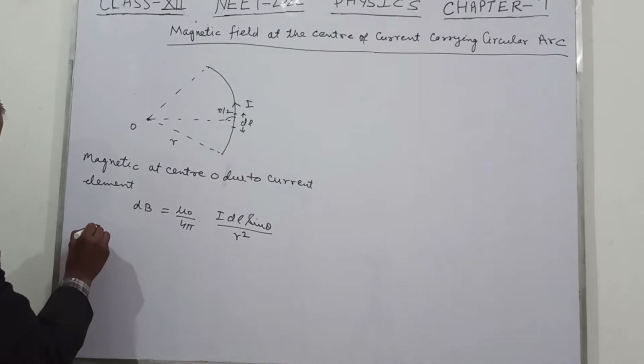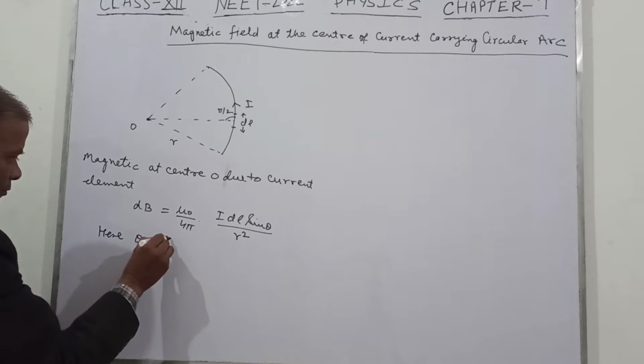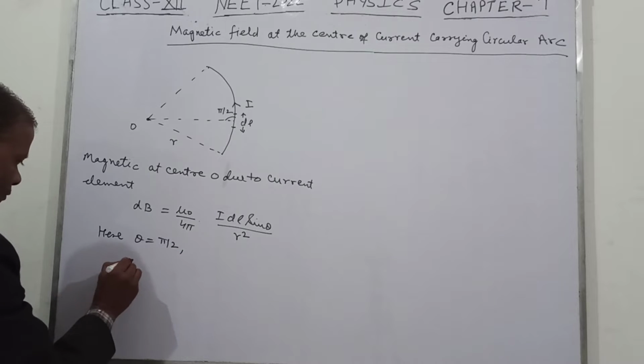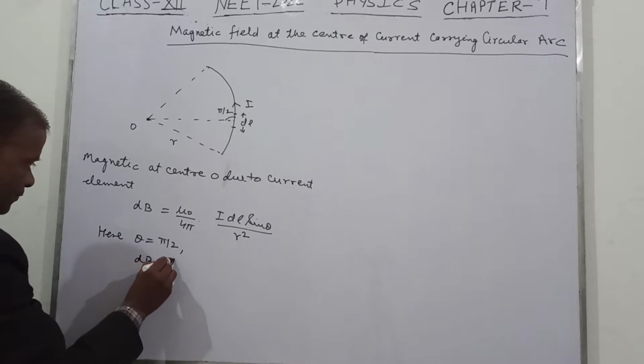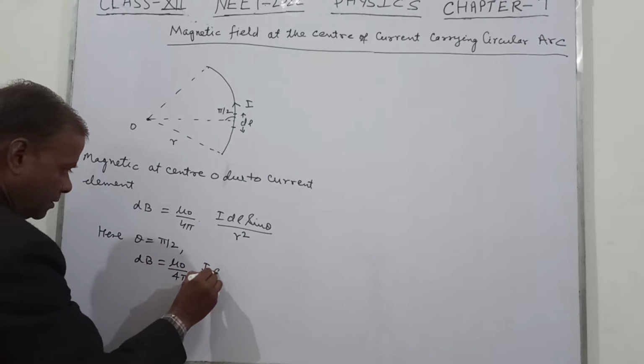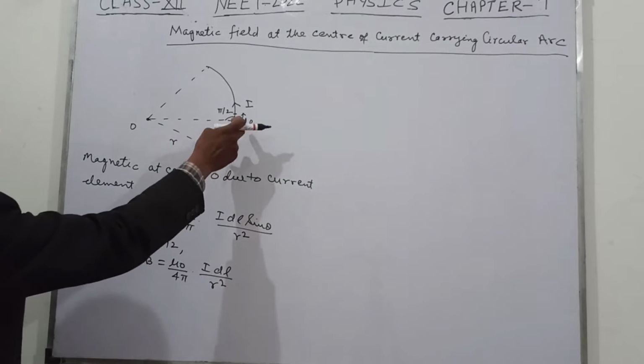So here theta equal to pi by 2. Therefore dB is equal to mu naught upon 4 pi into I dl upon r square. This is because of this current element.